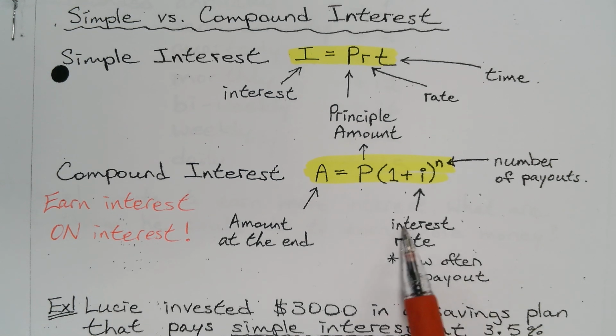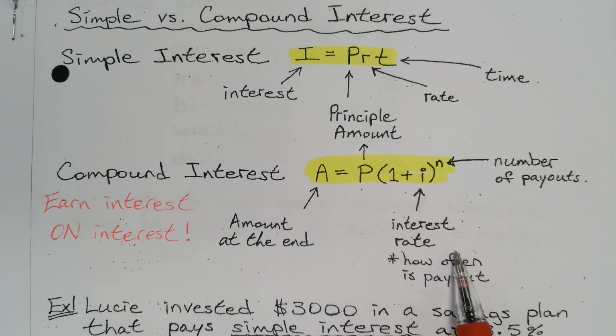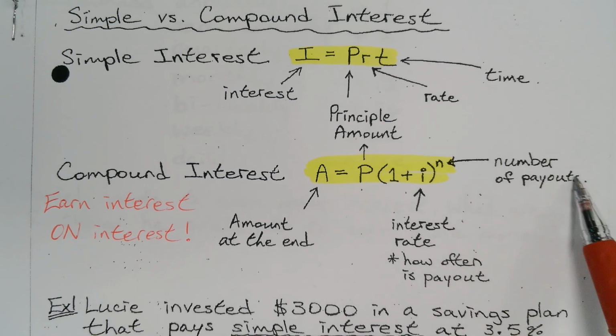For compound interest, it may not be paid out every year. It could be paying out every month, every 6 months, every quarter, and so forth. So I represents the interest rate, and you have to calculate how often it's paid out. And then N is the number of total payouts for the term.